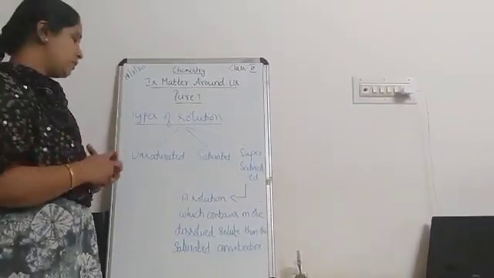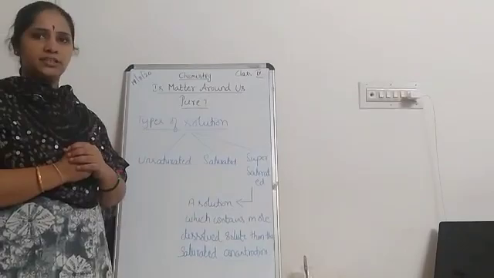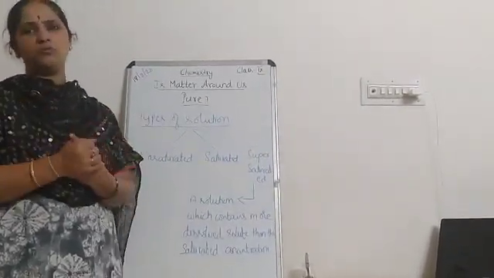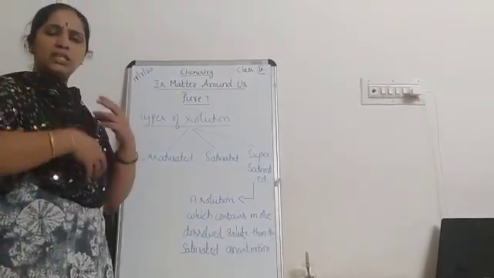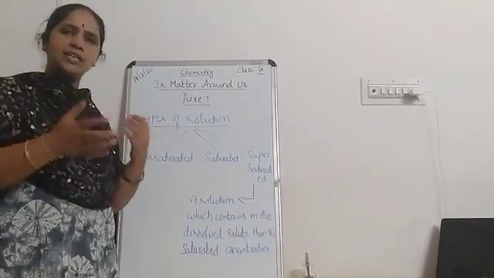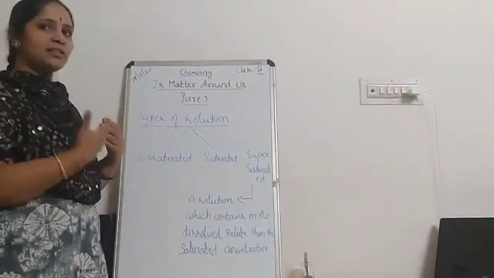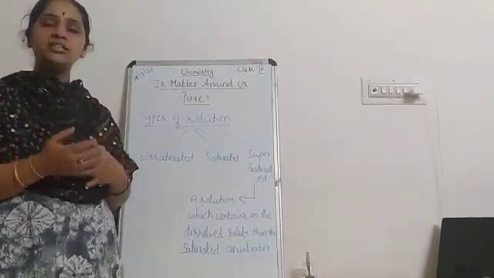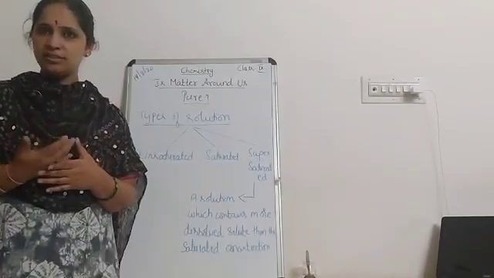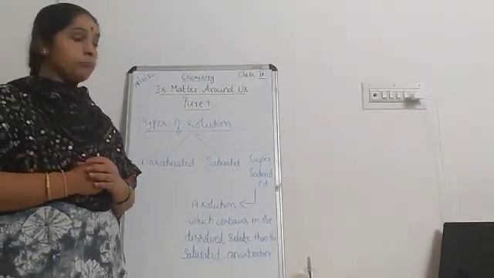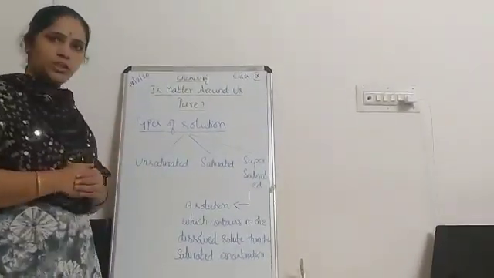So that becomes an example for a supersaturated solution, that is, supersaturated solution will have the maximum amount of solute. When you increase the temperature, go on adding and it gets dissolved. But when you cool down, what will happen? The sugar will start crystallizing out. I think you must have experienced this in your home while preparing jamun, or you can just find it out from your mother. So this is about the types of solution.